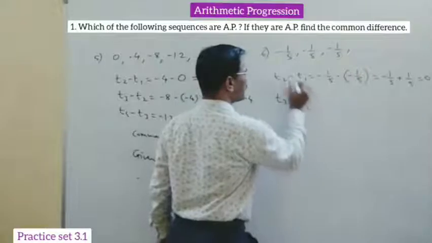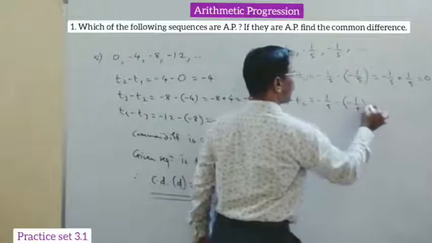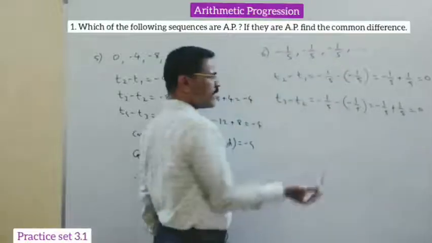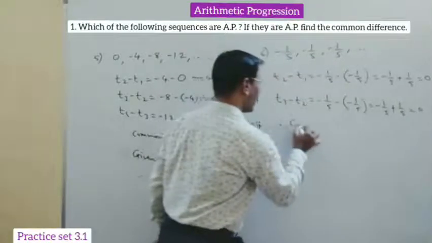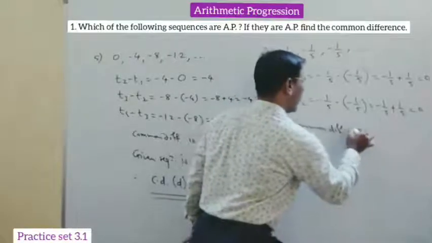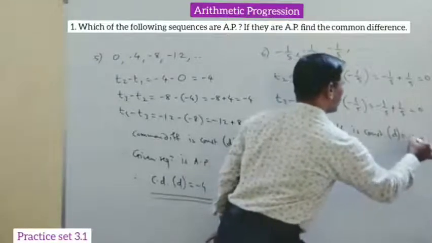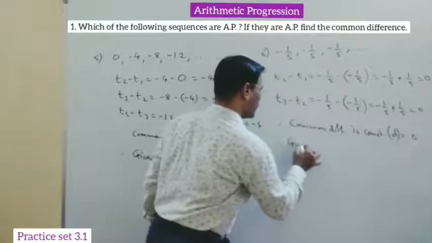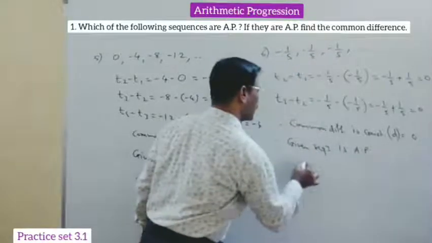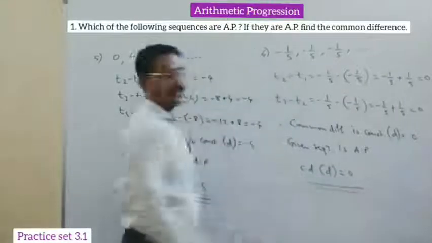Again T3 minus T2, the same thing, minus 1 upon 5 plus 1 upon 5, that is 0. Finish. Therefore we can write here, the common difference is constant, that is d is equal to 0. Therefore, the given sequence is an arithmetic progression. Therefore, the common difference d is 0. Understand friends?